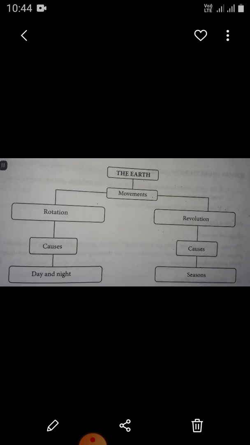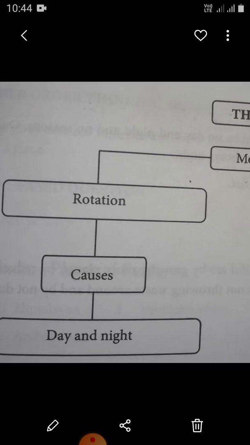Rotation means this imaginary line. Similarly, the earth also moves about its axis. This movement of the earth about its axis is called rotation. Rotation of the earth causes day to follow night.